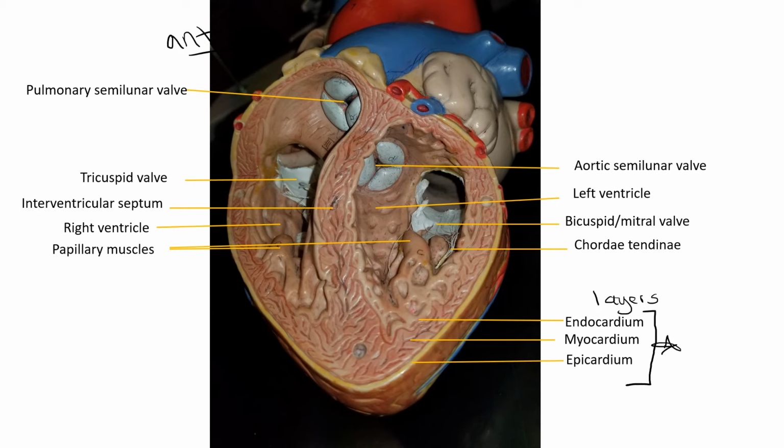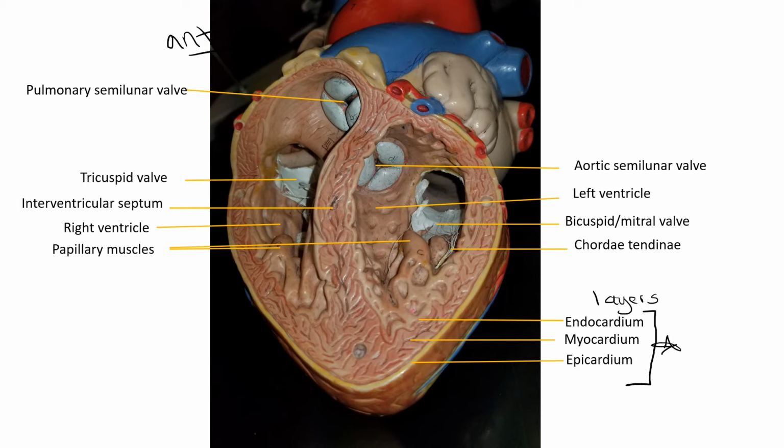And with this particular model, which I quite like, you can see all those layers, and I do talk about the layers more in your lecture. For this, I just want you to know it as it is, the anatomy of the layers of the heart. Make sure you know that endo is on the inside, the myocardium is going to be the muscle, and the epicardium is the outside.